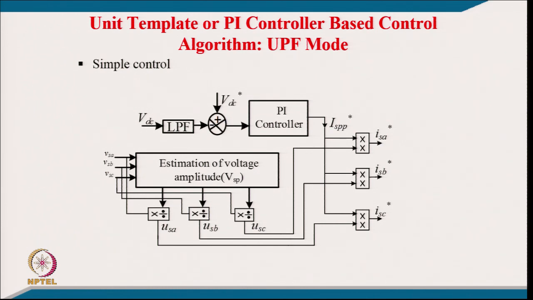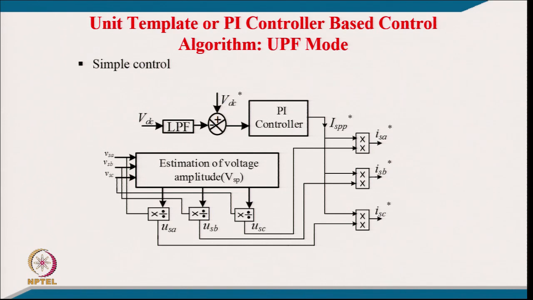So, after sensing the DC link voltage we put a low pass filter to eliminate the ripple, and then use it as feedback to a PI controller, a proportional integral closed loop controller. However, you can use any closed loop controller, like a sliding mode controller or fuzzy logic controller, because we want the DC link voltage to equal the reference voltage obtained from the design, and the output of this we consider as the supply current amplitude.